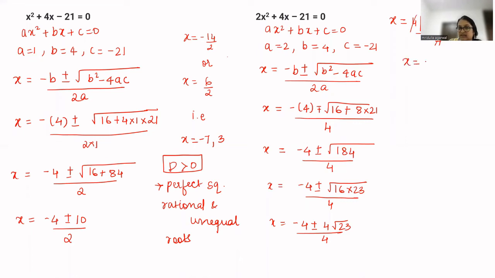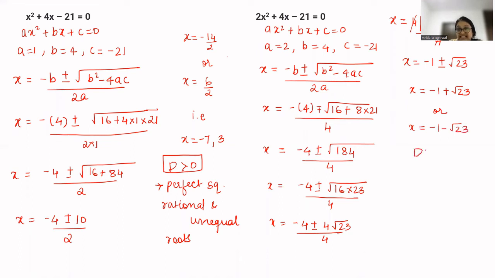We have x is equal to minus 1 plus minus. So the roots over here are x is equal to minus 1 plus root 23, or x is equal to minus 1 minus root of 23.